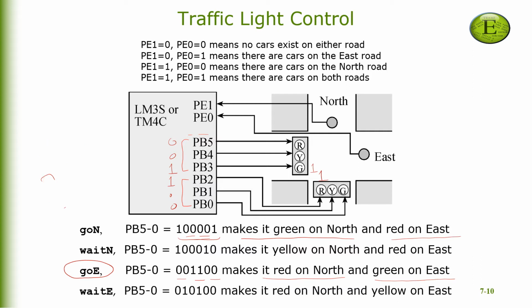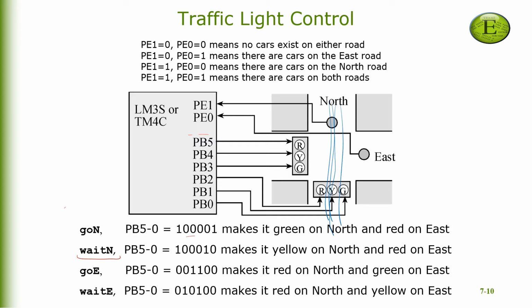There can be other states as well. For example, there can be a state or the output, wait north, in which we really want the green traffic to prepare to stop. So considering that there was this traffic flow here in this direction, but now we wish to stop the flow or stem the flow.